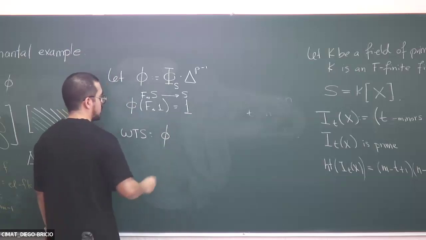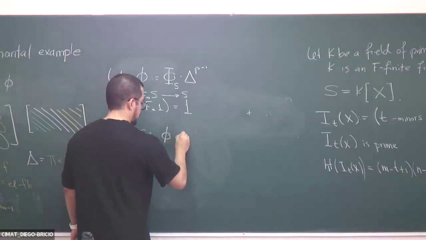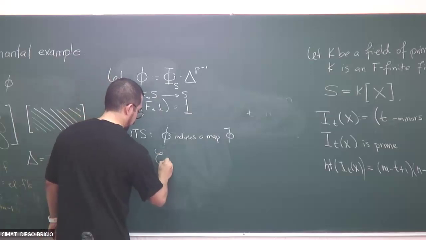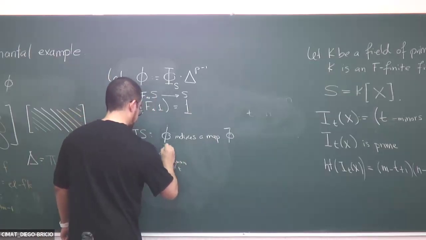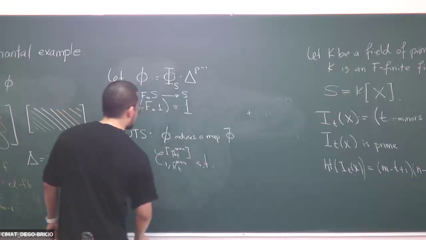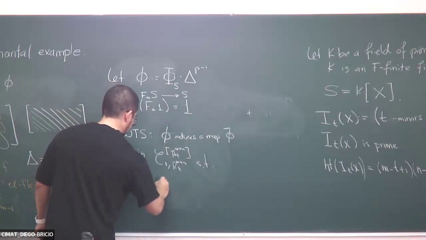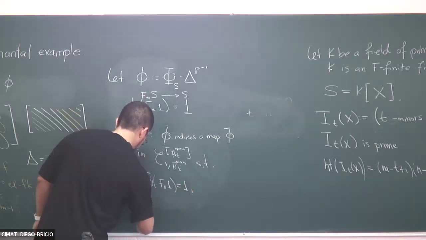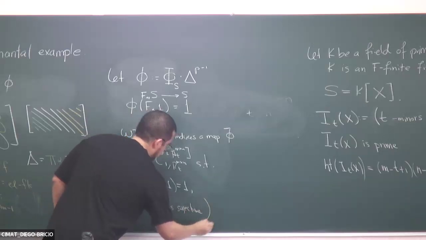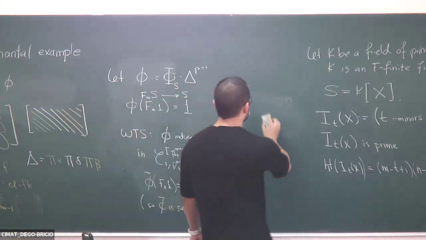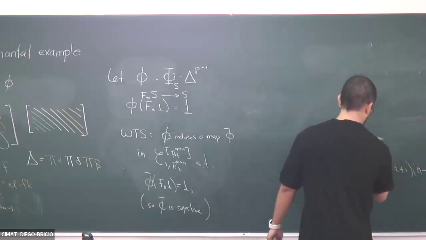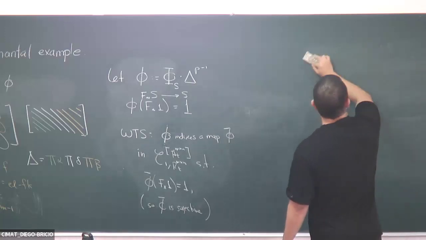So I want to show that this induces a map in here such that... how are we not going to do that?